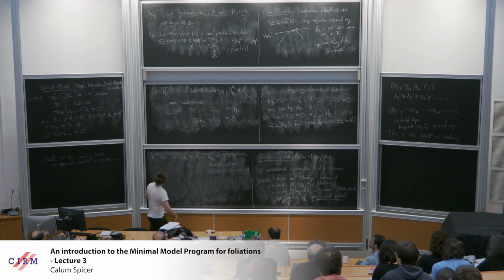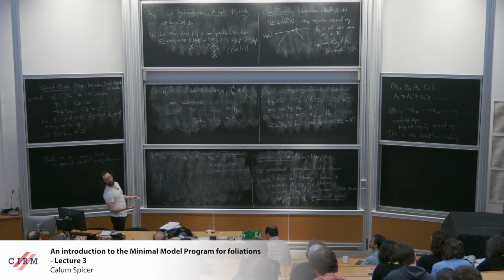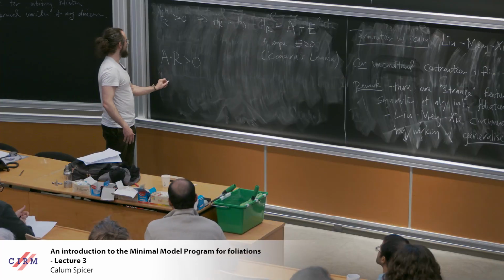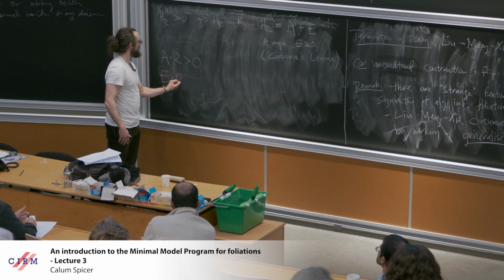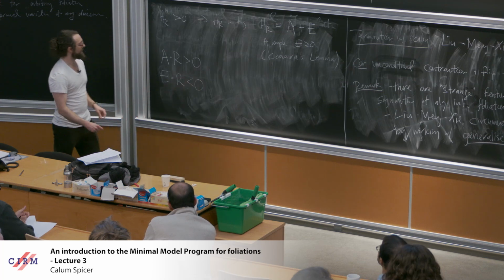But A dotted with R is positive because A is ample. So this implies that E dotted with R has to be negative.